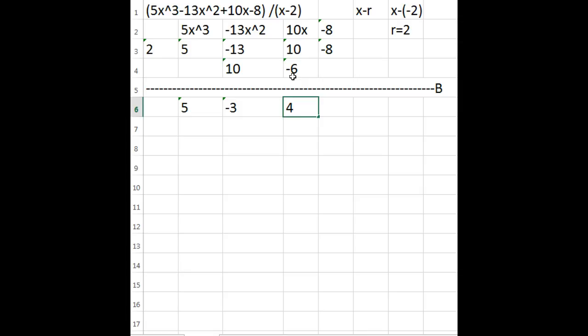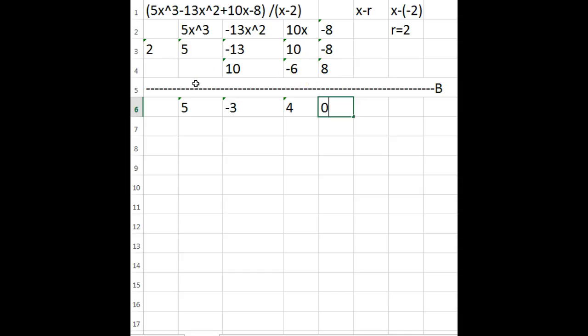Then we go back to the 2 in A3 and multiply it by the value in D6. 2 times 4 is 8. We go back up to cell E4 and add those together. Our term was negative 8, we add 8 to it, which gives us 0, a remainder of 0.